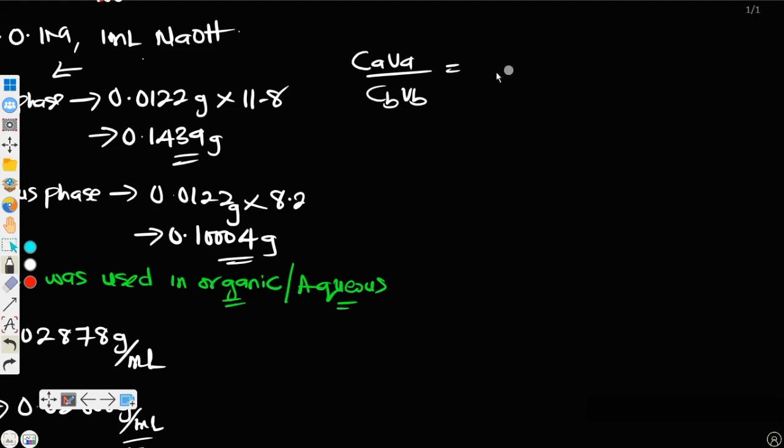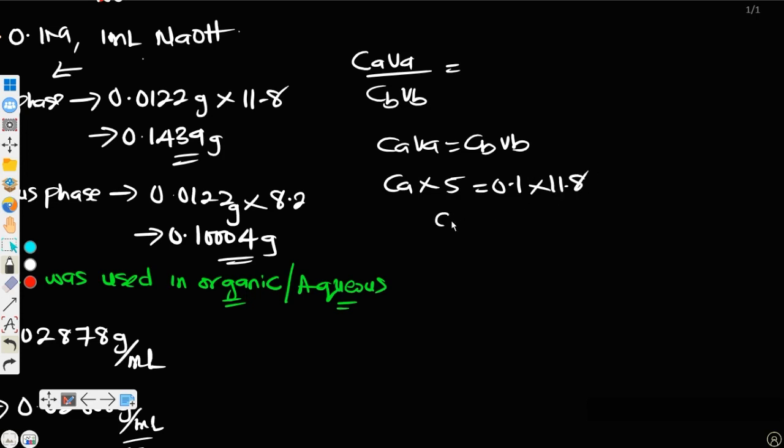It is 1 over 1. So it gives us CAVA equals CBVB. Concentration of the acid, you don't know it, so you write Ca. Volume of the acid, 5 ml. Concentration of base, 0.1. Volume of base is the titer volume, which is 11.8 for the organic phase. So Ca equals 0.1 times 11.8 divided by 5.